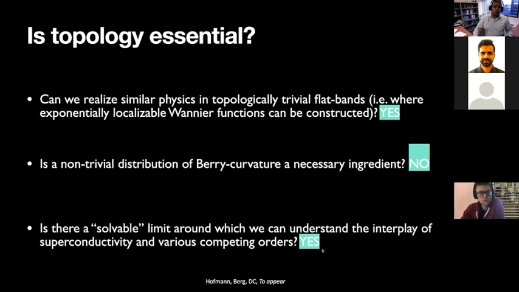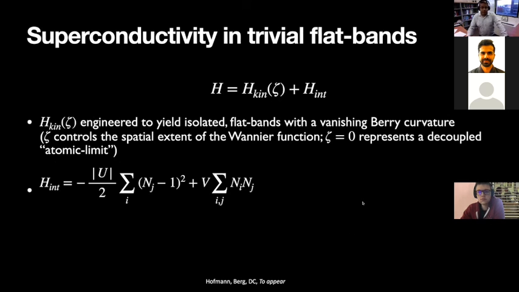Okay, so here is the example of the Hamiltonian we're considering. We have, again, two pieces. There's a kinetic part of the Hamiltonian, which depends on a parameter zeta. We engineer this Hamiltonian to yield isolated flat bands with a vanishing Berry curvature. Now, you might ask what zeta is.